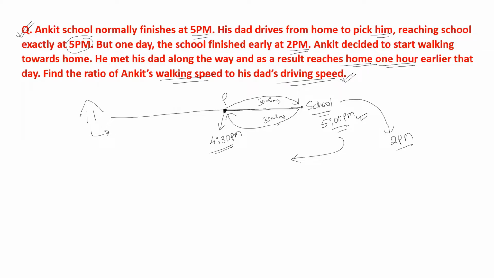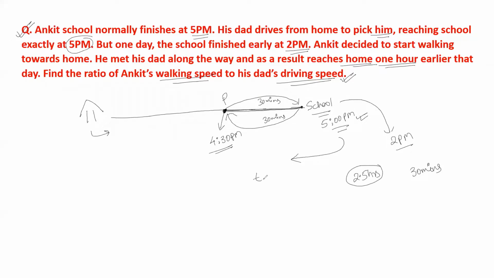So we can say that this distance would have been covered by Ankit's dad's car in 30 minutes, whereas the same distance would be covered by Ankit in 4:30 p.m. minus 2 p.m., that is 2.5 hours.